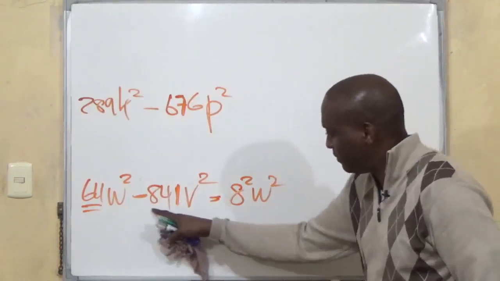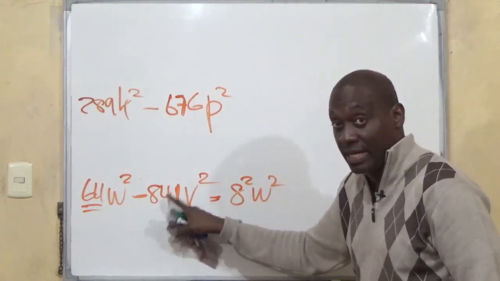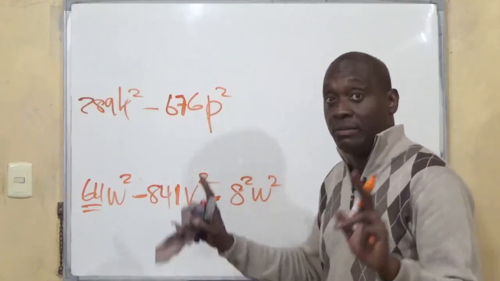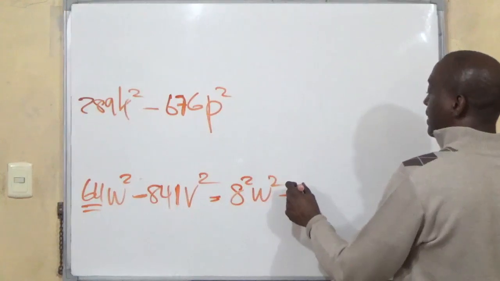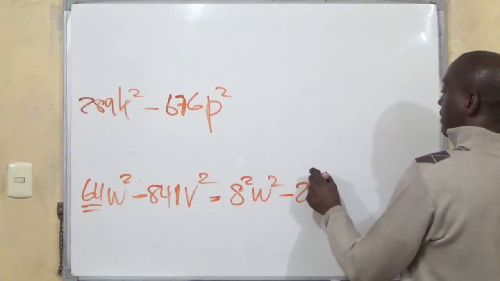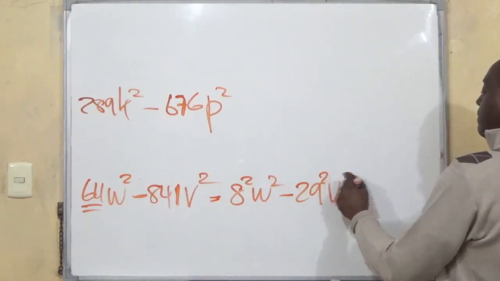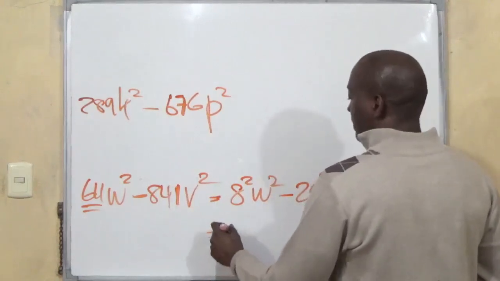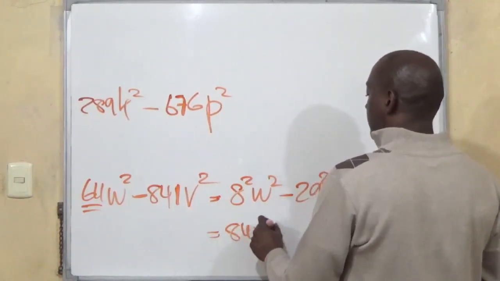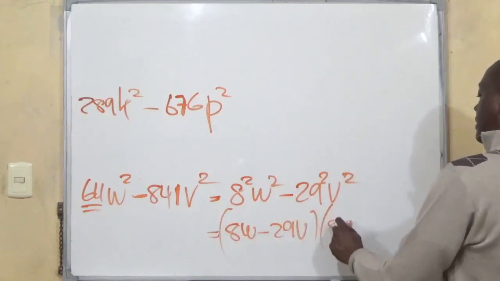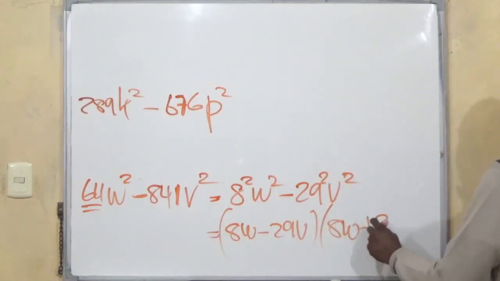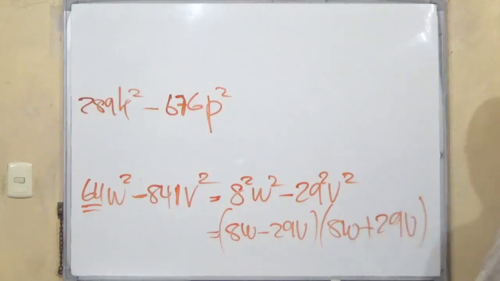So here you might have to spend a couple of minutes with the calculator, fiddling and diddling. No problem. But after you fiddle and you diddle, you realize, well, all right, that is the same thing as 29 squared by v squared. And then you factorize 8w minus 29v into 8w plus 29v. Right?